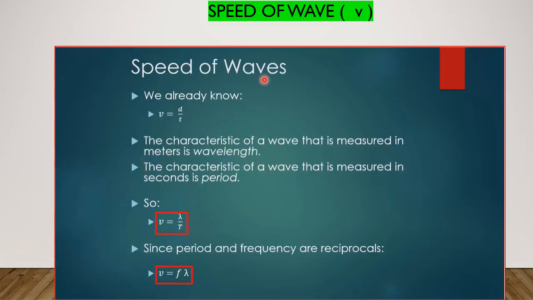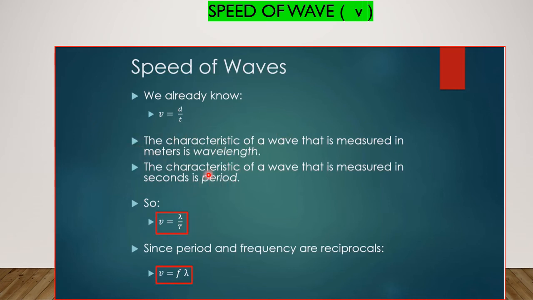Speed of waves. We already know from the preliminaries that velocity is equal to the distance over time. Now, the characteristic of a wave that is measured in meters is wavelength, and that corresponds to the distance. And the characteristic of a wave that is measured in seconds is period.